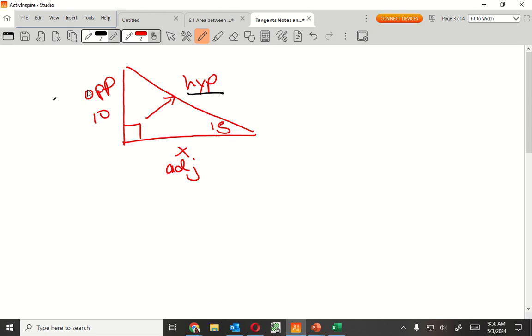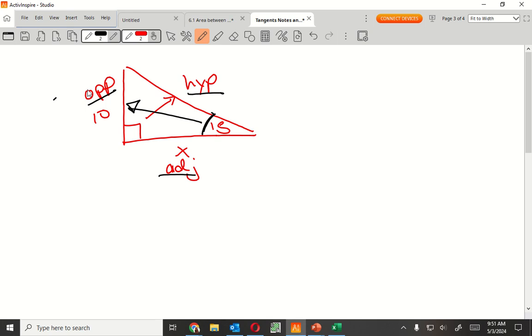Always start there. Next, my reference angle is going to be the other angle that I have. When I do that, I draw the next arrow all the way across, and that is the opposite. And the last side is going to be adjacent.